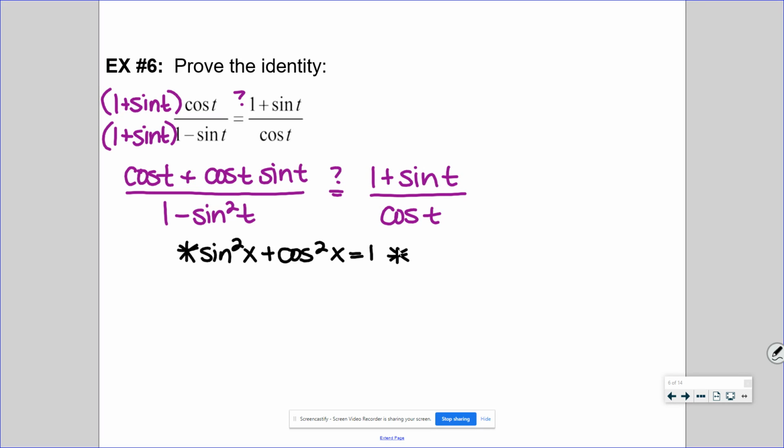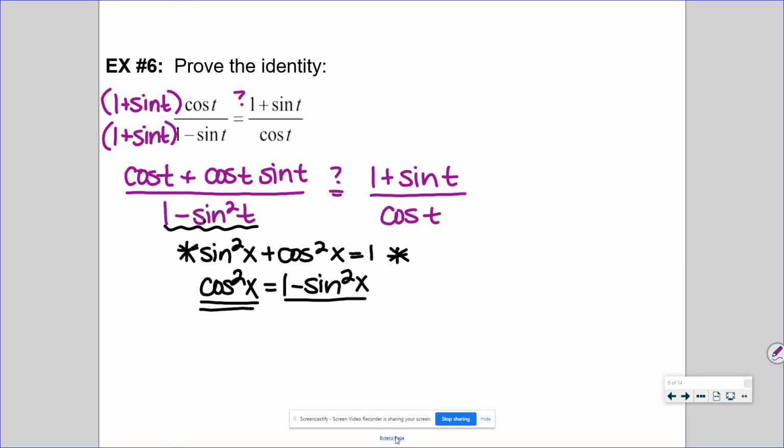So I'm going to go back to this one, and I'm going to say, is there a way I could rewrite it and make it look like this? Well, if I move the sine to the other side, you would have to subtract it to move it over. Now we're talking, because 1 minus sine squared is the same as this stuff here, right? So I can put cosine squared in its place.